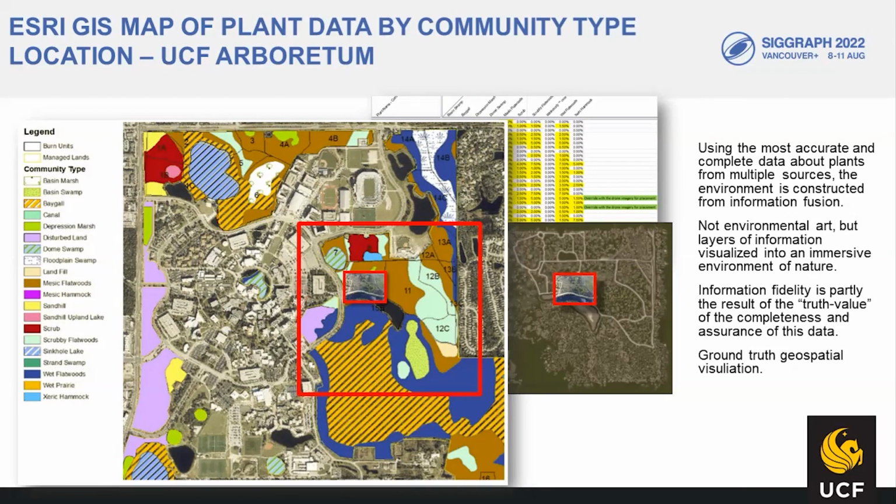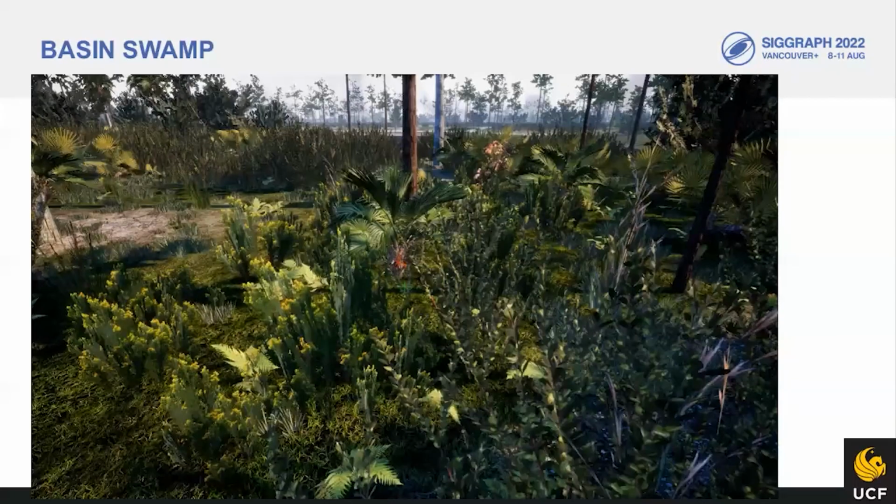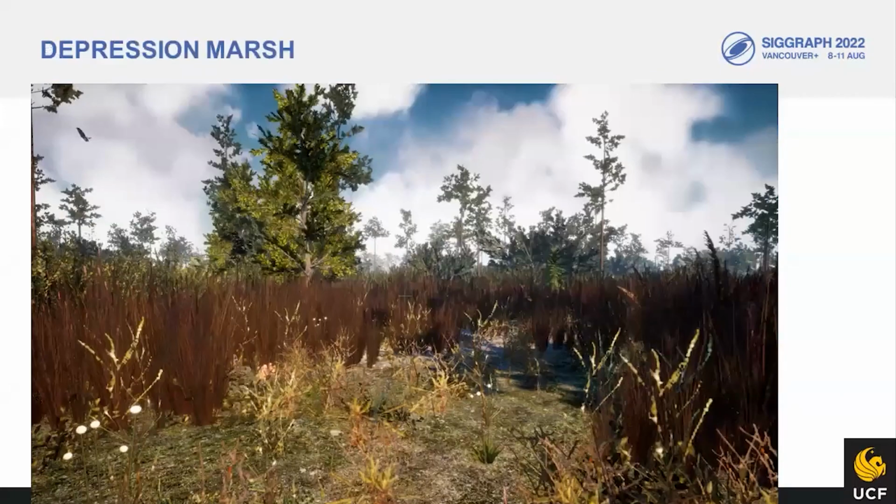Certainly there are drone images that can be used from top down. And the point is that with only 35 plants, by changing the different percentages and the different combinations to represent these 10 different natural communities, we were able to very quickly create these very different environments.